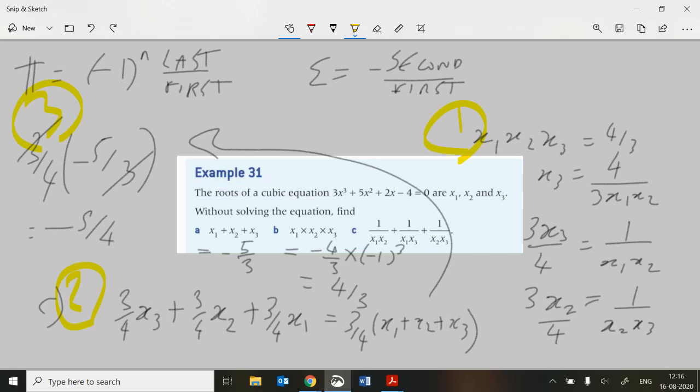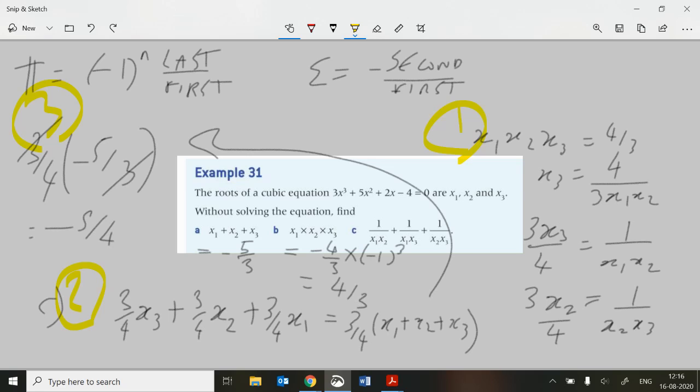Now I created another expression in a similar way because of the symmetry we're getting here. x2 was equal to 4 over 3 x2, x3, and then again, by taking over the 3 and taking the 4 to the other side, we're getting an expression for 1 over x2, x3. That's this thing here.